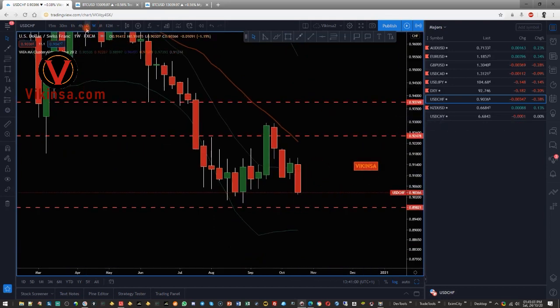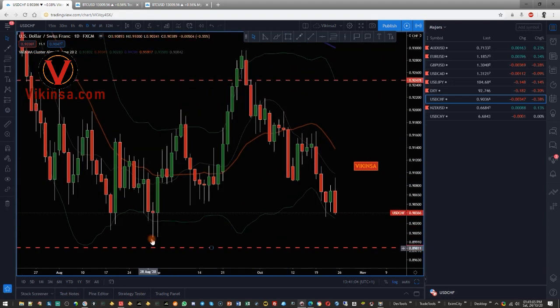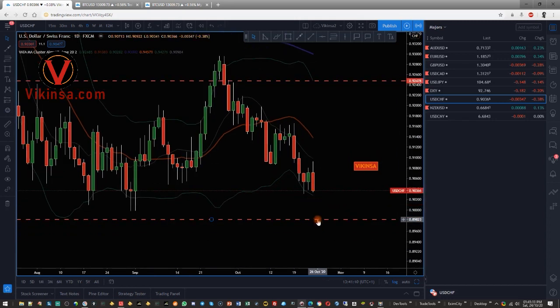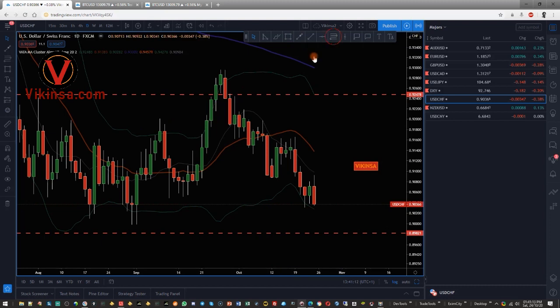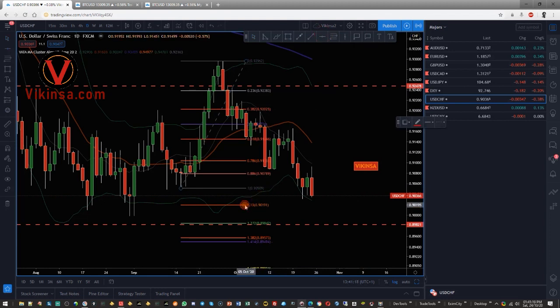Let's look at the daily time frame. Similar to DXY, we also have an M pattern forming right now, but this can actually come down into this level. Let's measure this. If I measure it, I see these two important levels here.